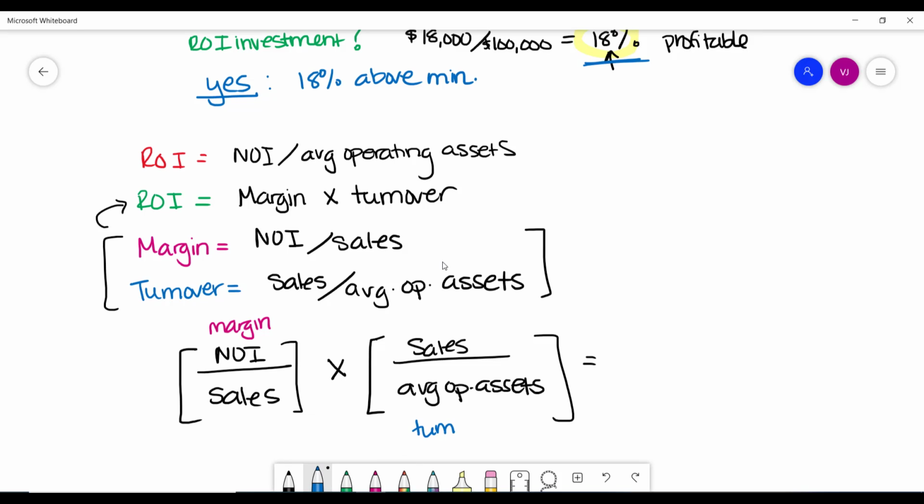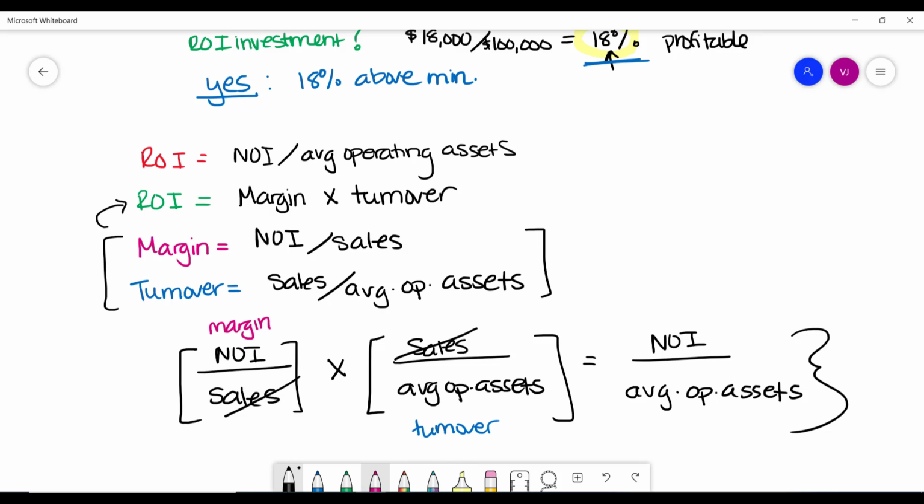We can see just algebraically that when you multiply two things together, we have the sales diagonal from one another, so they cross cancel each other out. That leaves us with the net operating income at the top and average operating assets at the bottom. And this overall here is ROI. Okay, so depending on the problem, what information is given, you might be able to use this one, or sometimes you will use margin and turnover to find ROI.